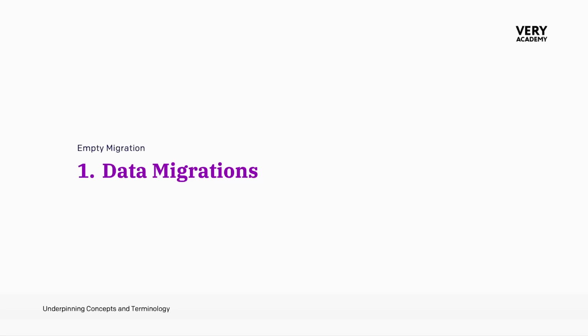So overall, separating data migrations from model migrations in Django provides flexibility, clarity, and control over the migration process, enabling you to manage your database schema and data transformations effectively throughout the evolution of your application.